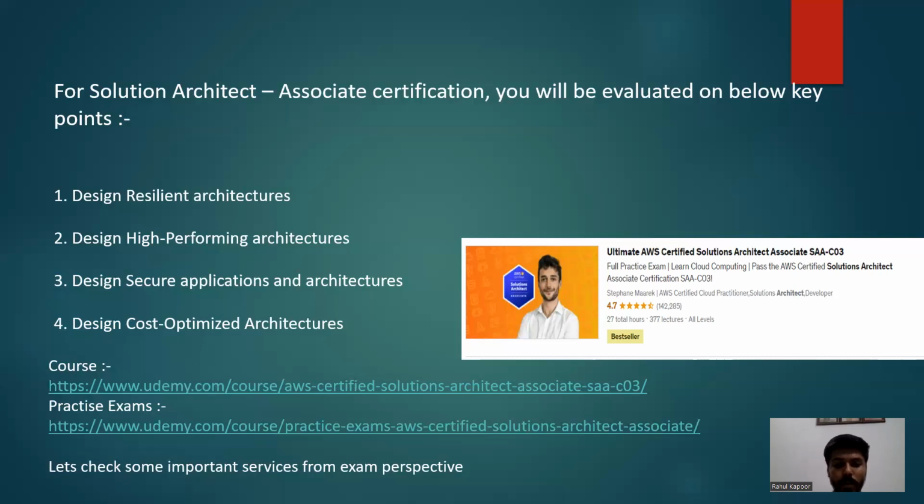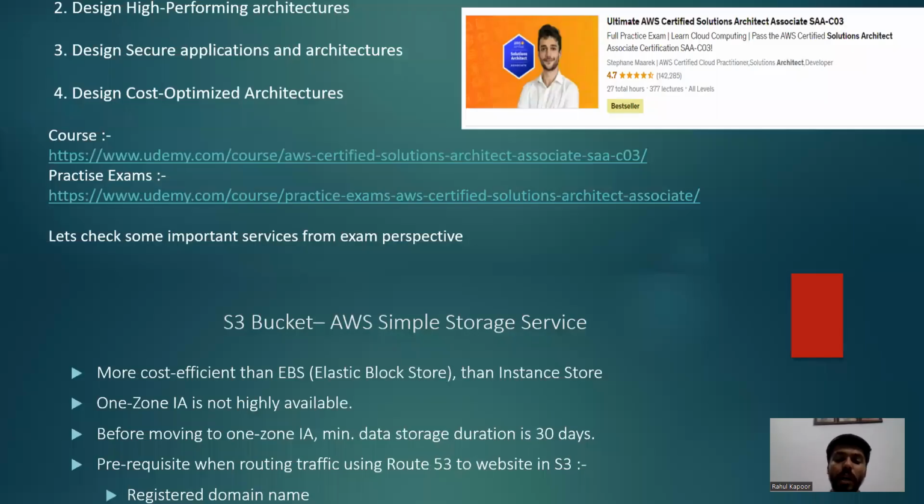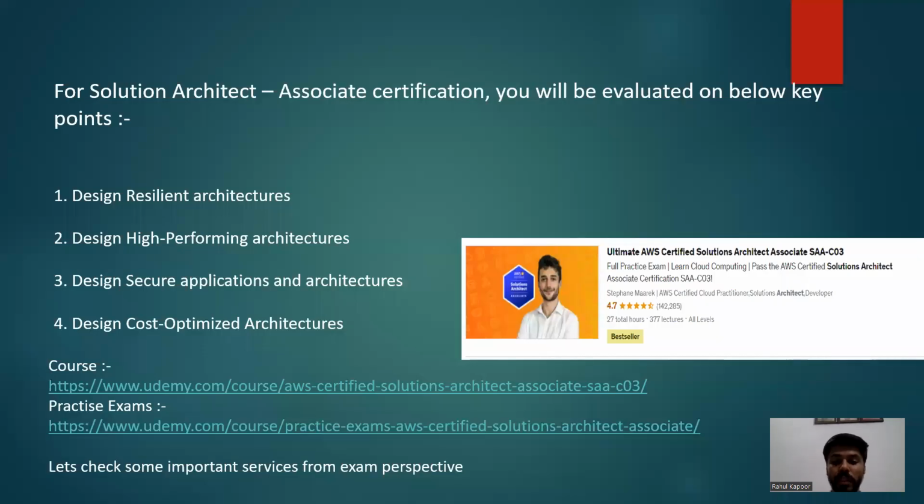And last but not least, how to design cost optimized architecture. I'll give you an example right here. For example, you are already aware that you are going to use this many servers for at least 1 to 3 years. In that case, you can pay upfront and reserve your instances. Those are called reserved instances, right?